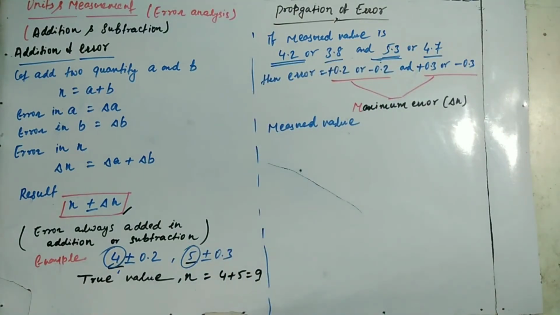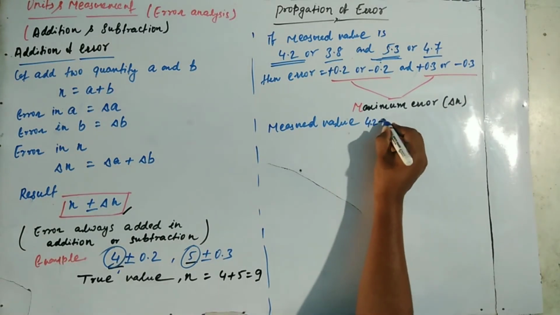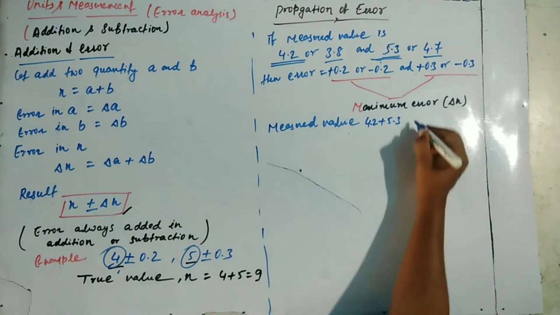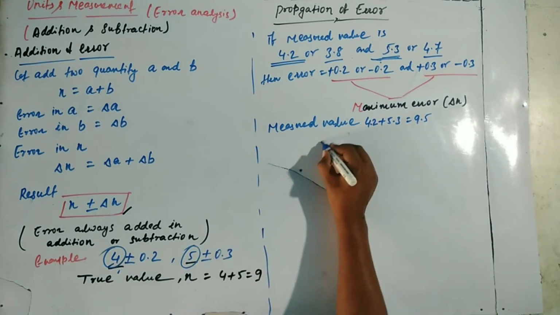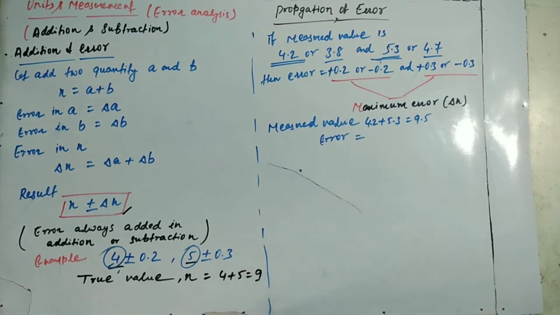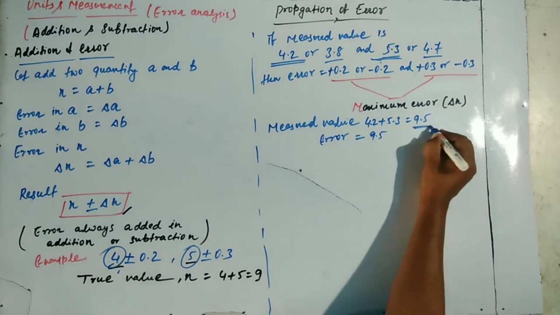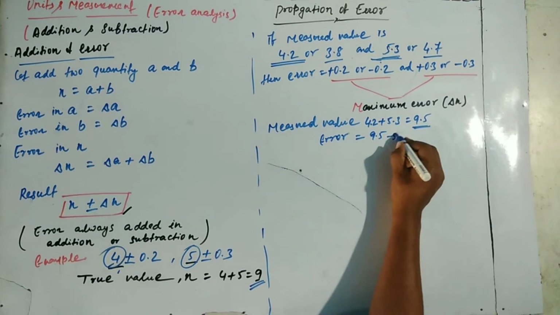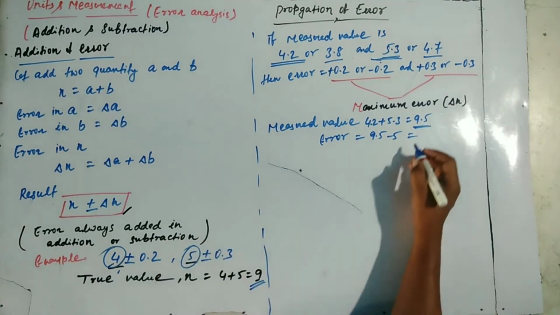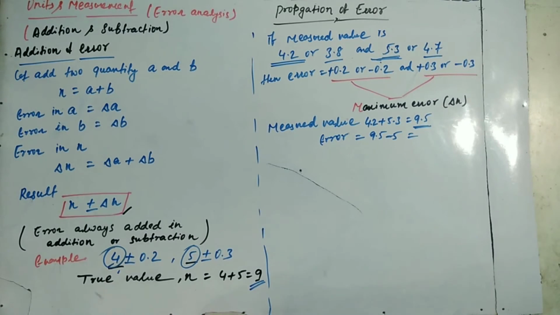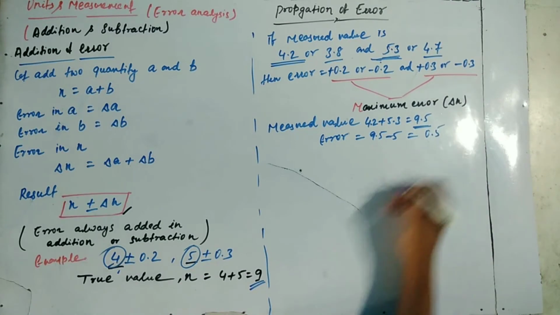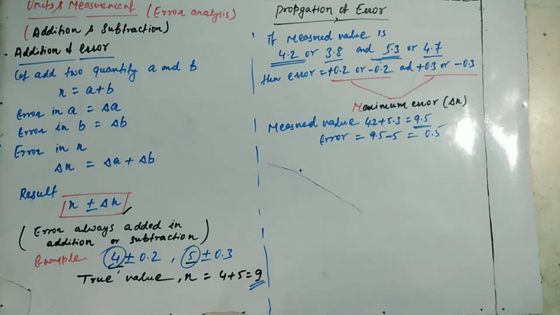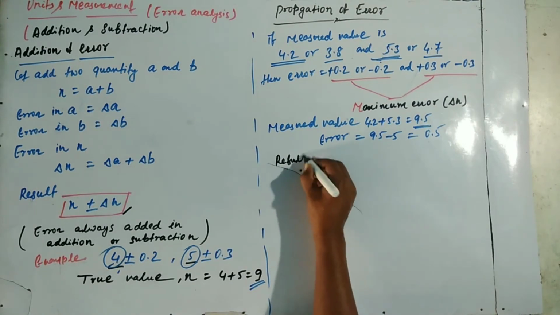So the measured value equals 4.2 plus 5.3 equals 9.5. Then the error is 9.5 minus the true value 9, which equals 0.5. It is the maximum error. 0.5 is the maximum error.